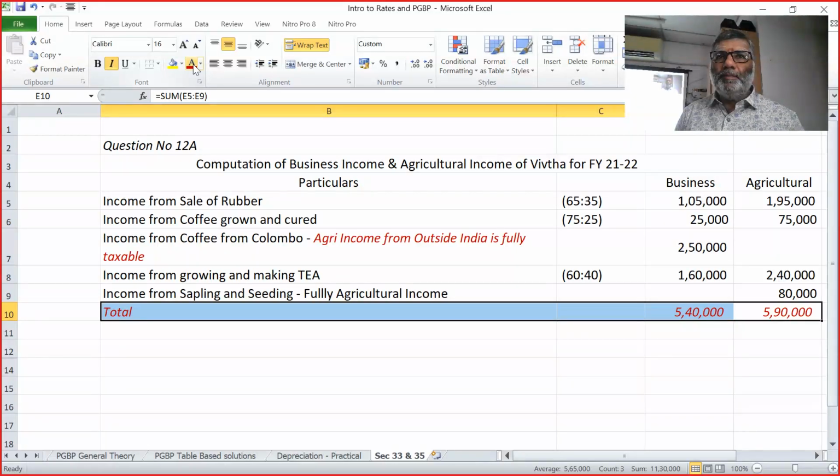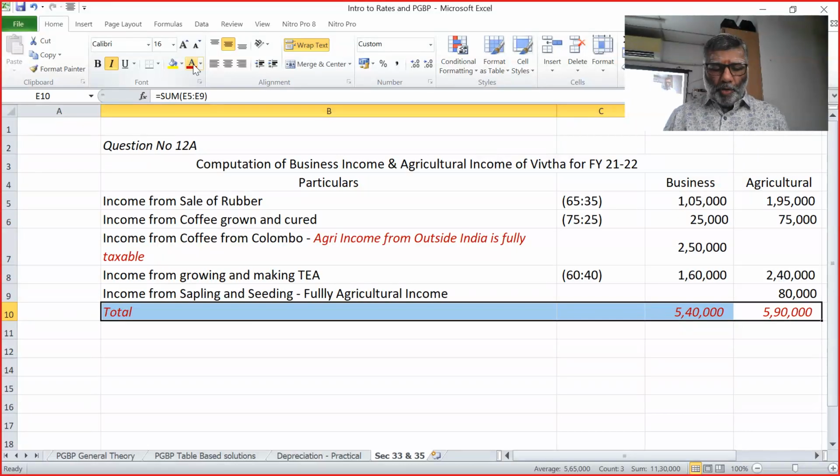You're getting it? Five lakh 40,000 and 5,90,000 for the business and agricultural income respectively. This is more to do with 7A, 7B.